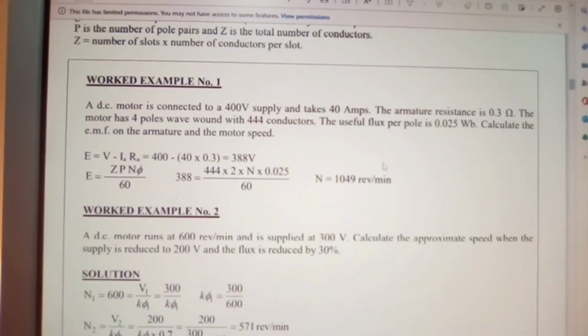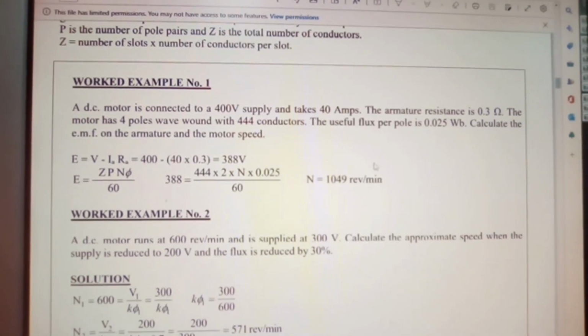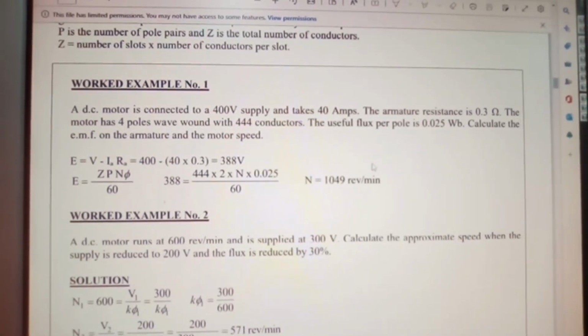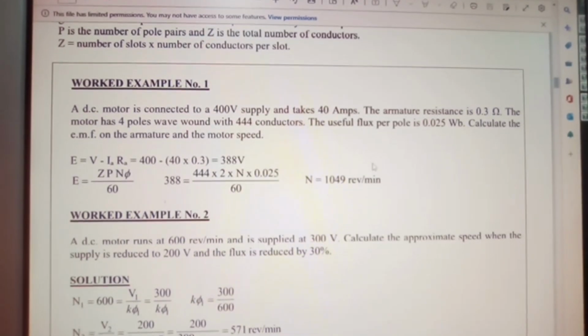Okay, now I'm on this here for a while because I want to make sure that you have time to look at this yourself and work it out.